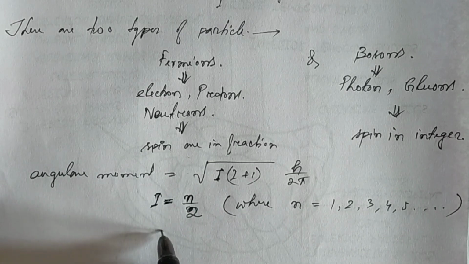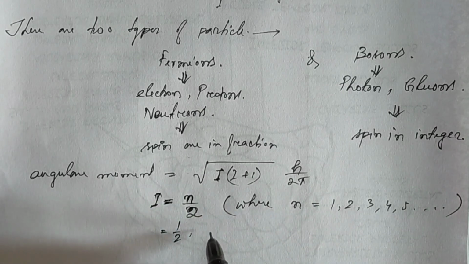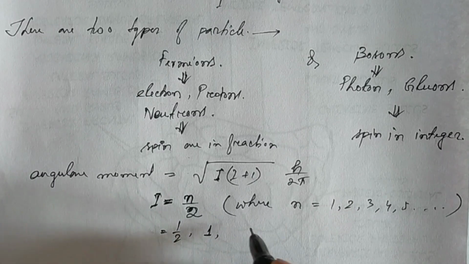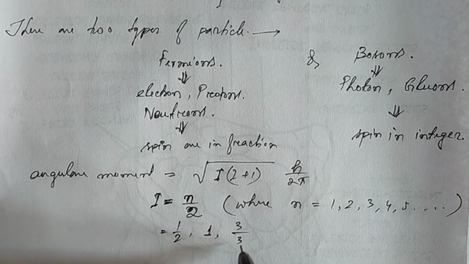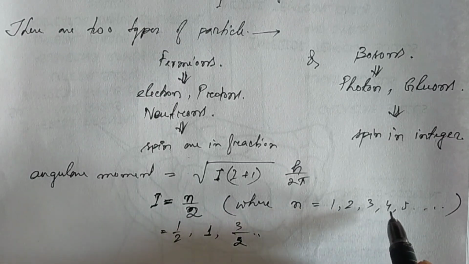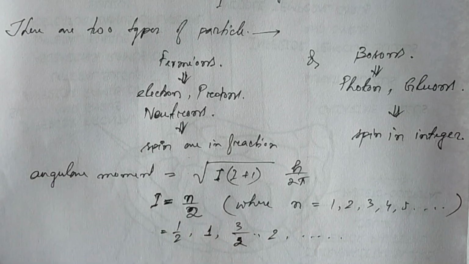Now if n is 1, then the value of I will be half. If n equals 2, then I will be 1. If n is 3, then it is 3 by 2. If n equals 4, then it will be 2, like that.